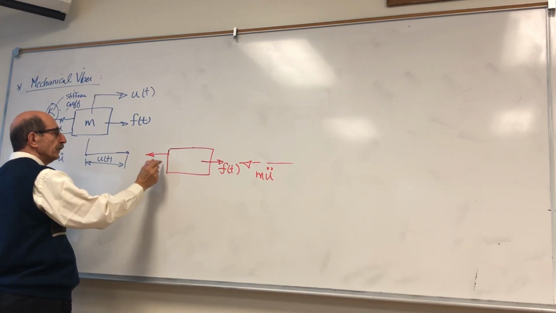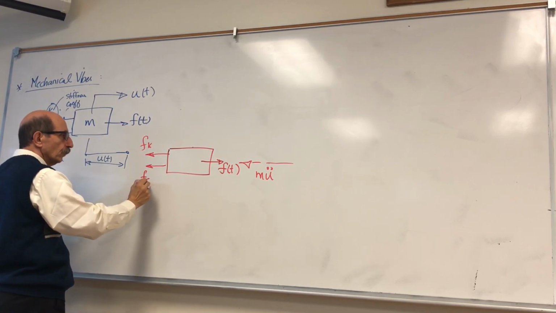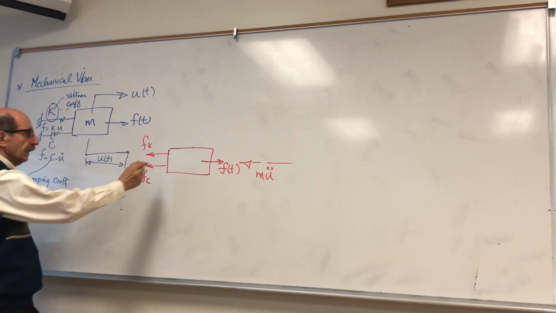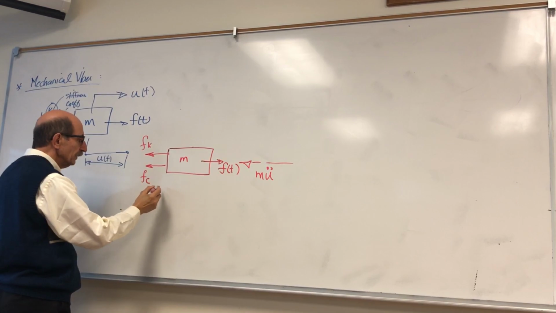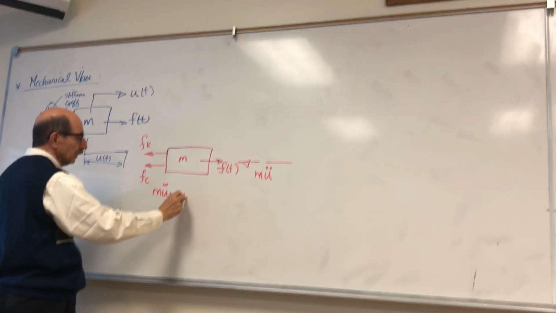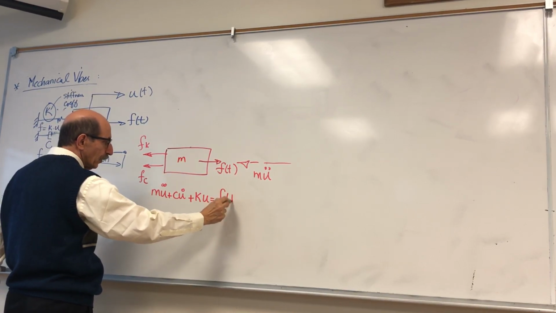We draw the free body diagram, which consists of this force, and this force, and that force. Out of all these forces in the direction of motion, you get m u double dot plus c u dot plus k u is equal to f of t.